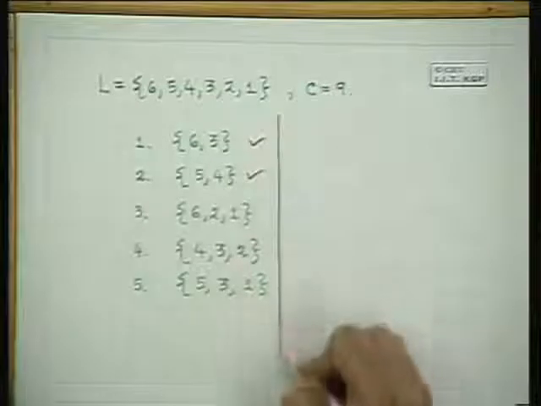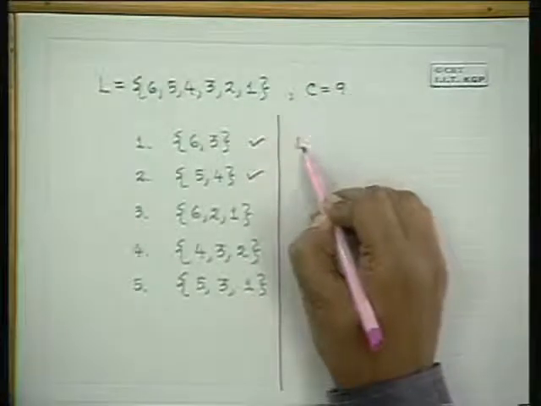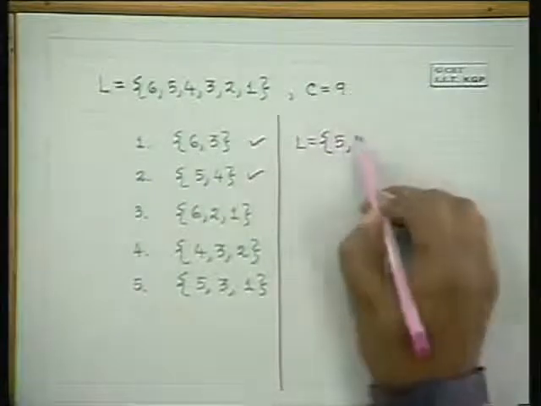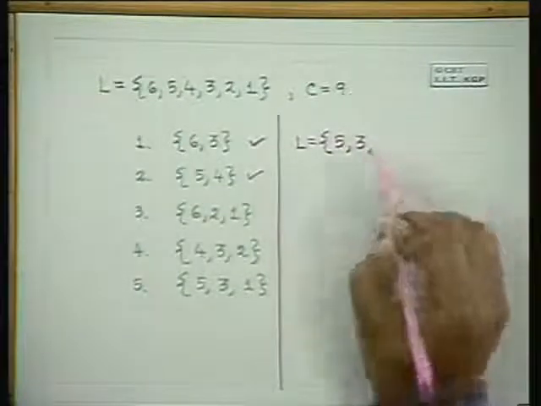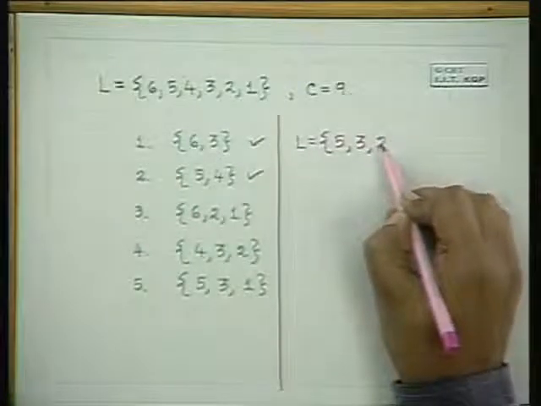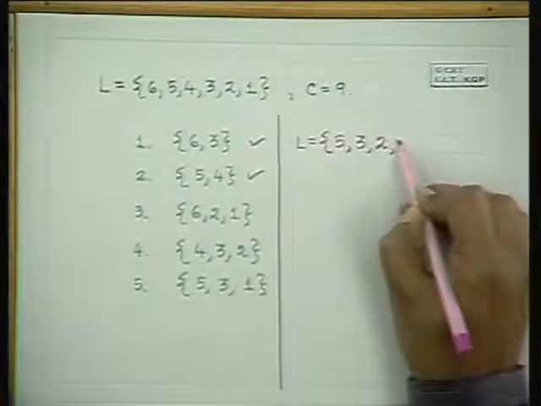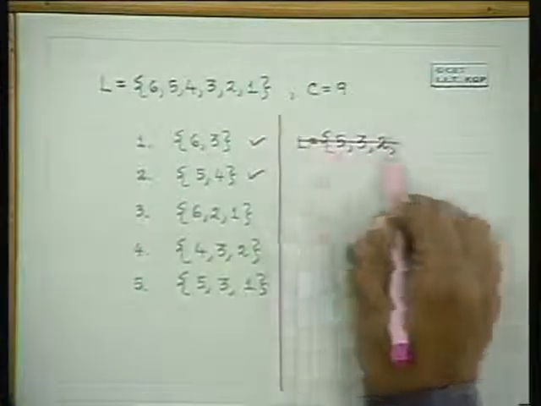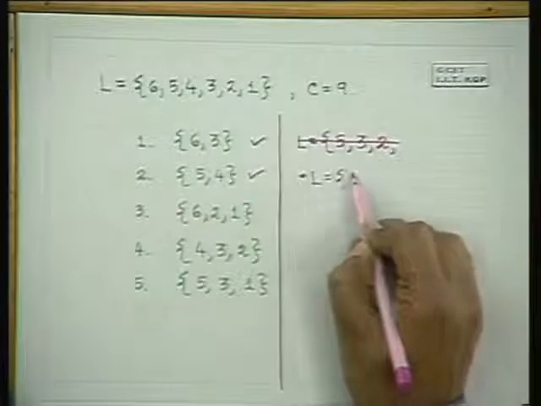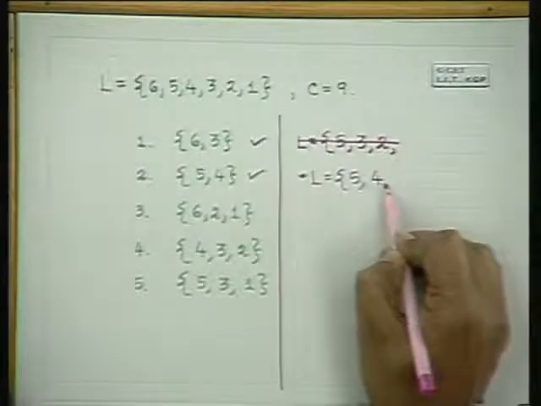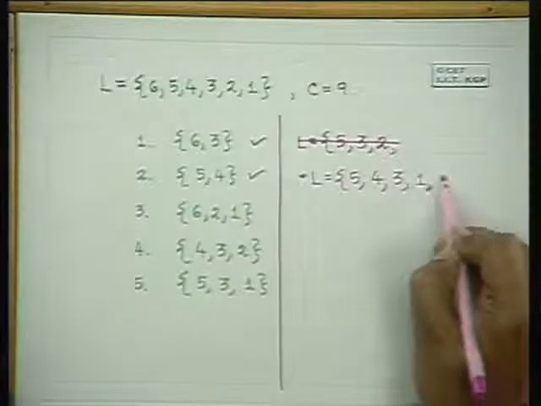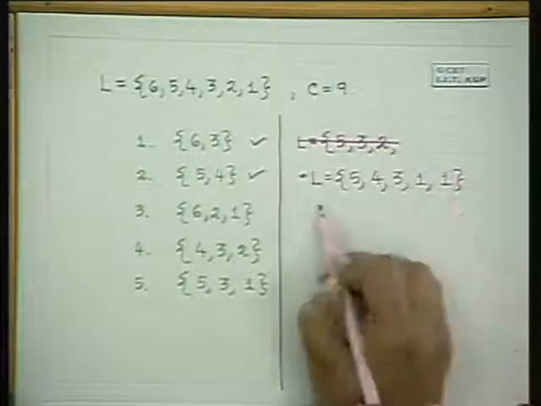For example, if L was given as 5, 4, 3, 1, 1, and let us say C is 7.